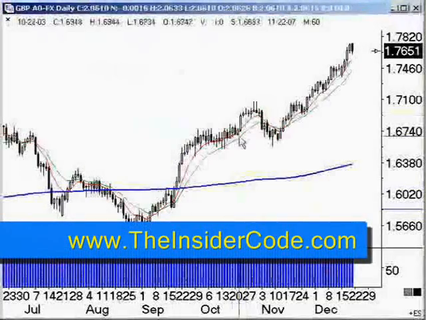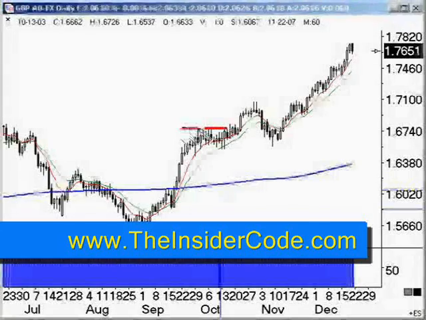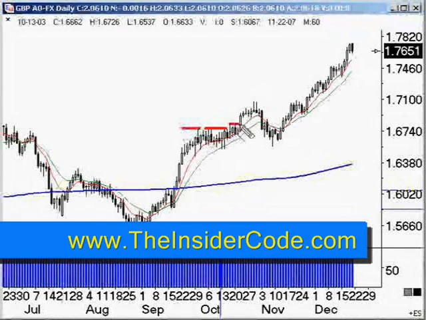As you're looking at the chart, you can have these hands that are very close to each other. For example, we have a hand here, we have one here, and we have one here. All three of them are very, very close to each other. And I would say that's discretionary.